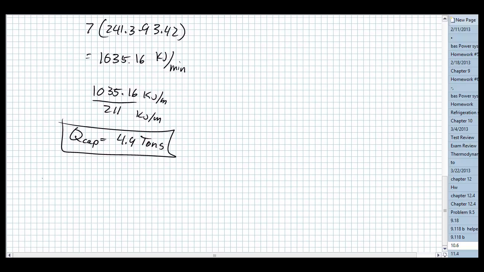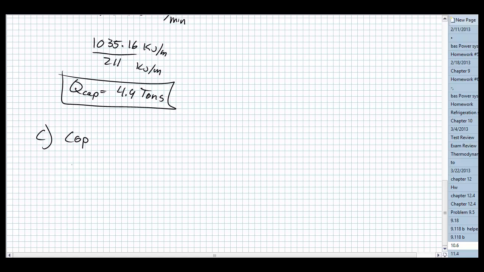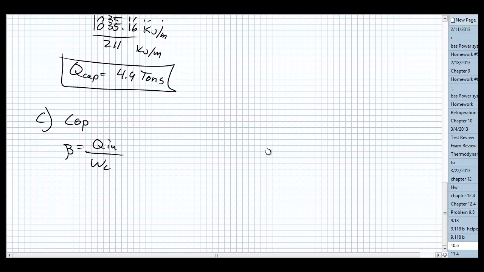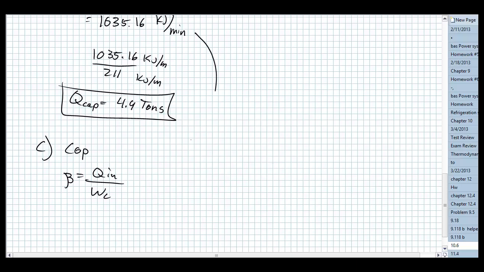And lastly, our coefficient of performance, part C. The coefficient of performance is given by this equation: beta equals the refrigeration, the heat in, divided by the work of the compressor. Now we have the heat that it takes in, in kilojoules per minute, and we know the work of the compressor as 3.339 kilowatts, so we need to convert this one to seconds.